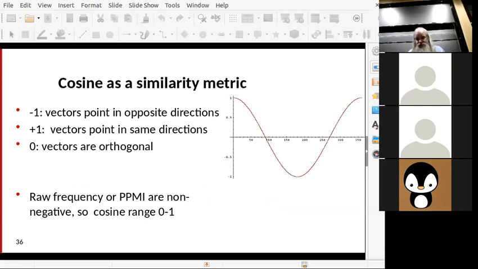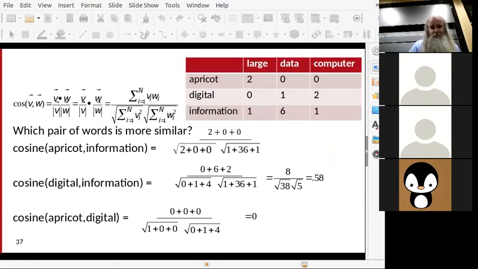That's the same justification we use for positive pointwise mutual information. If we're just looking at positive pointwise mutual information, the range of the distance is going to be between 0 and 1. 1 is more similar and 0 is less similar. And then we have a bunch of math about how to do this.